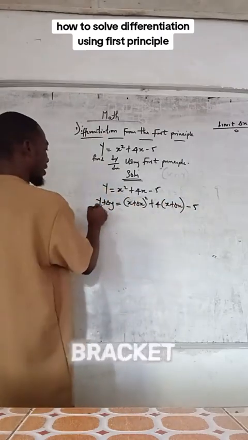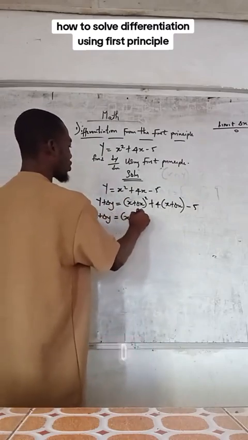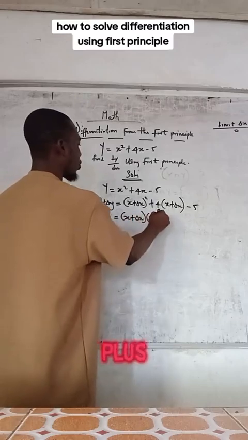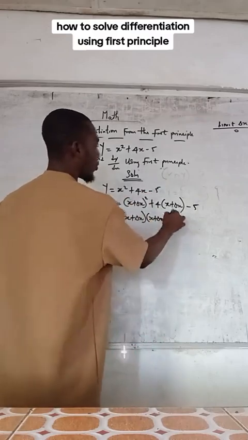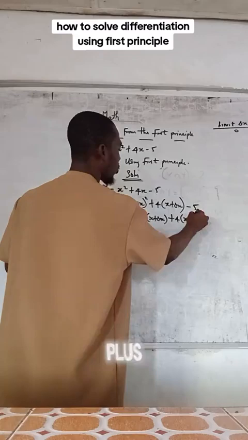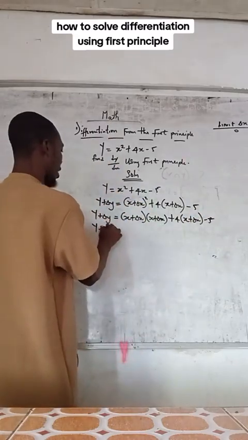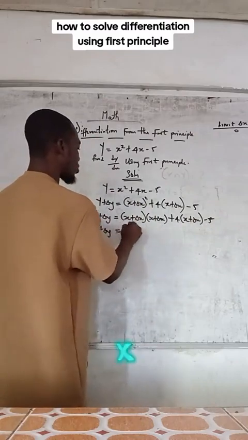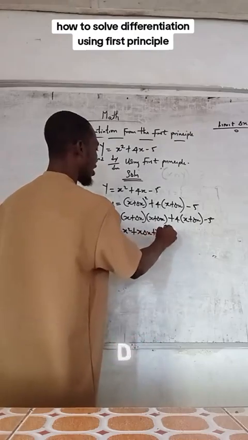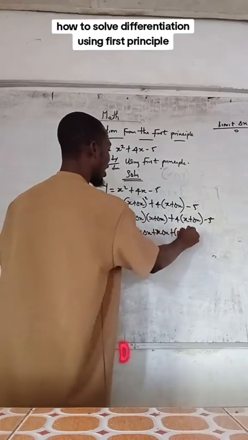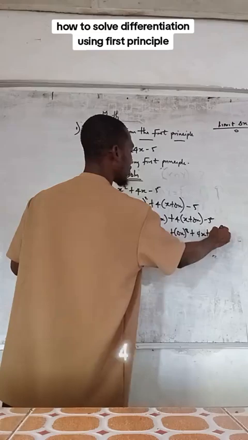Let me open the brackets. y plus dy equals (x plus dx)(x plus dx), because I have 2 of them, plus 4 bracket x plus dx minus 5. So y plus dy equals x times x is x squared, x times dx is x dx, another x dx, then dx squared, plus 4x plus 4 dx minus 5.